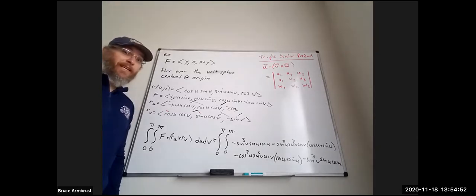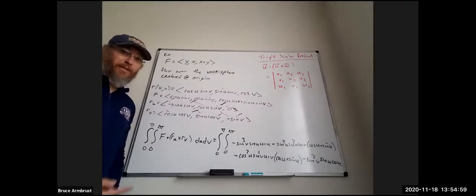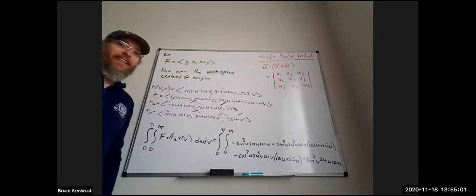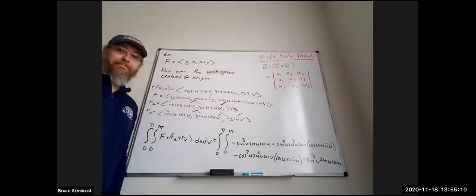Which, for those of you who know me, should tell you my mental state. Oh, it's not good. I don't even want to do trig. Yeah, I'm not in a good place right now. Anyway, all right. So any questions on this guy, other than what the actual answer is?